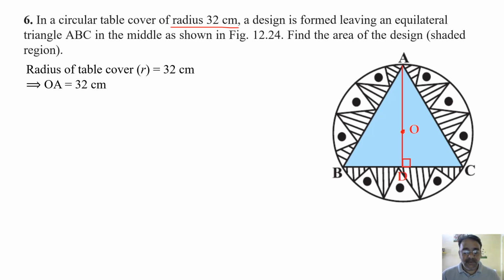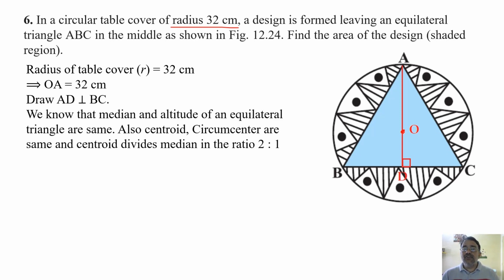This is a very special property of an equilateral triangle: centroid, incenter, circumcenter and orthocenter are all the same. So the median and altitude are the same, and the centroid divides the median in the ratio 2:1.